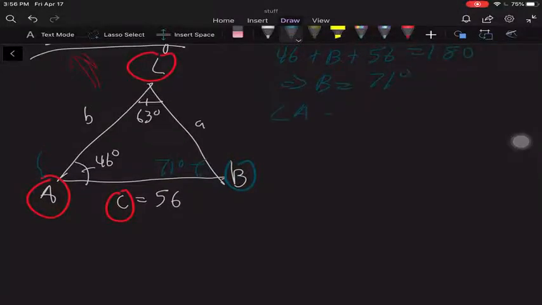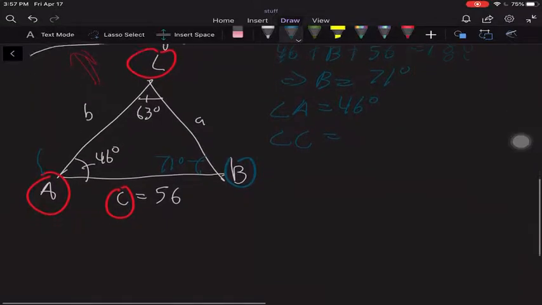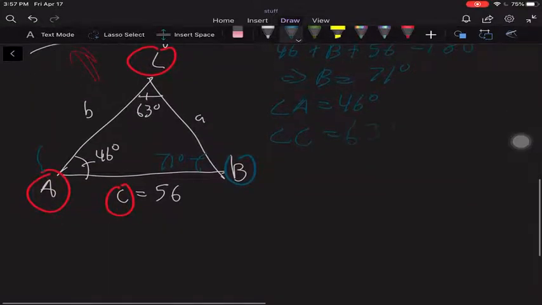Angle A is equal to 46 degrees, angle C is equal to 63 degrees, angle B is equal to 71 degrees, and side c is equal to 56 inches. Since we have information for both angle C and side c, we can use that to figure out what side a and side b are.